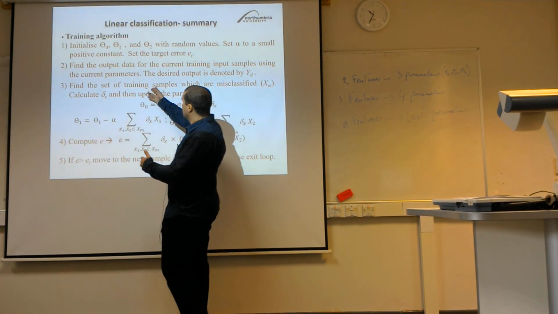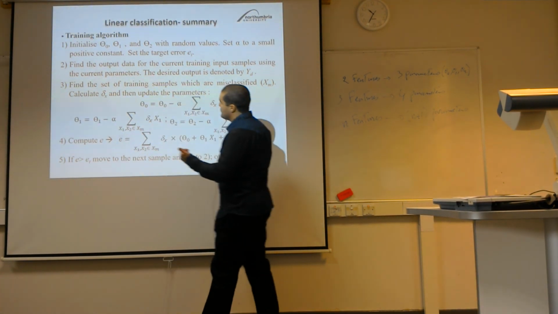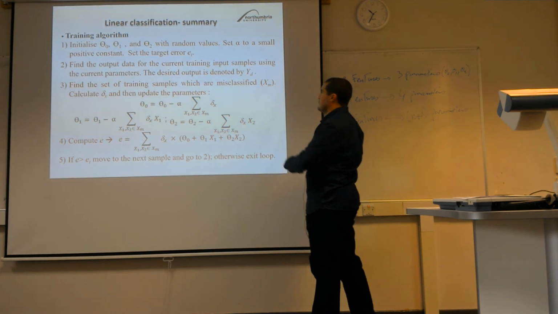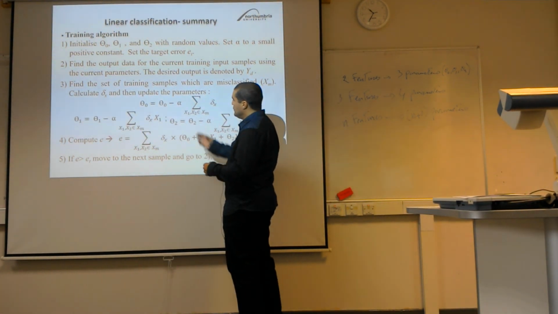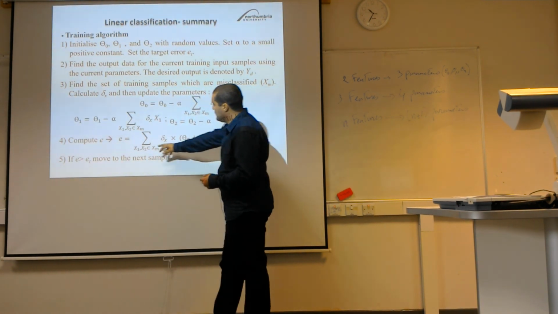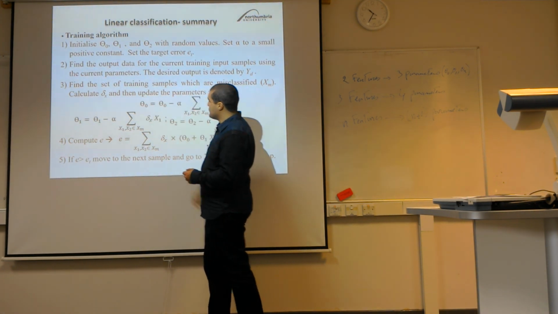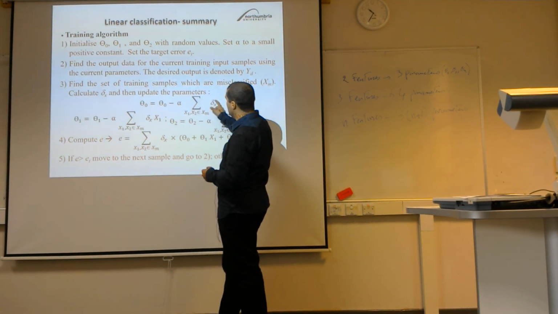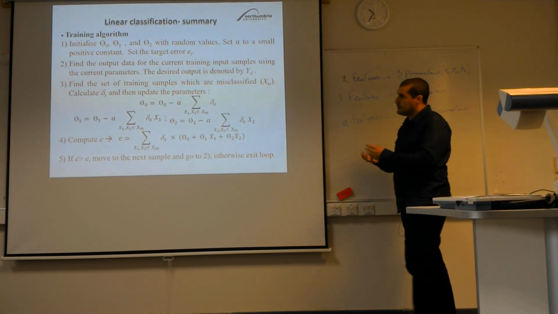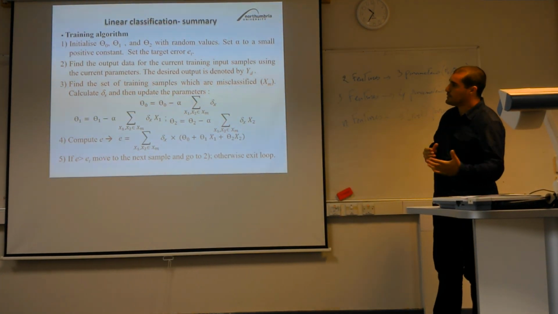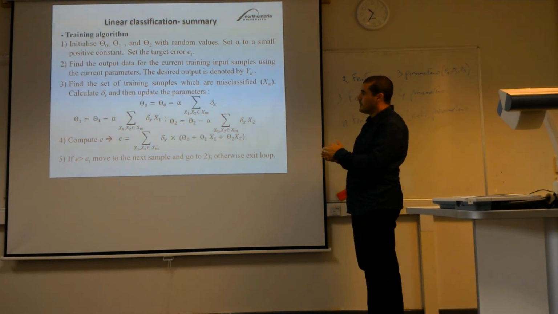Then from all the samples, we can check the samples that have been correctly classified and all the samples that have been misclassified. Once we do that, we can calculate the classification error and also update each parameter separately using the delta x, because delta x depends on the classification, whether it's correct or whether it's C1 and the output of the system is C2, and so on.